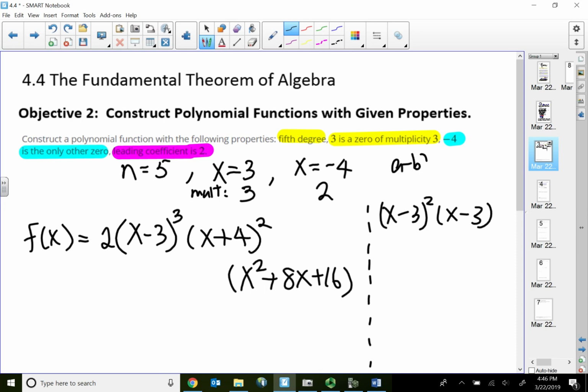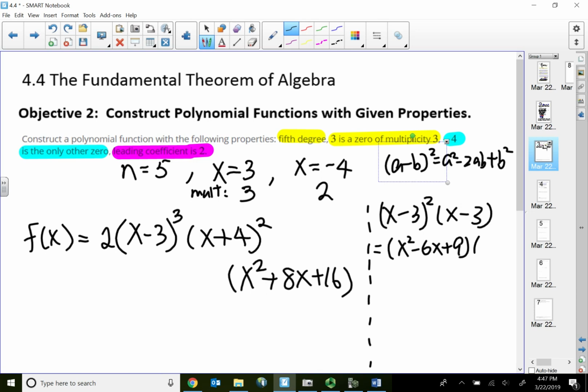Remember, a minus b whole thing squared equals a squared minus 2ab plus b squared. I'm just going to use that formula to come up with a quick answer: x squared minus 6x plus 9. If you want, you can write this out as x minus 3 times x minus 3 and foil it out. Then you will get the same thing as I do here.